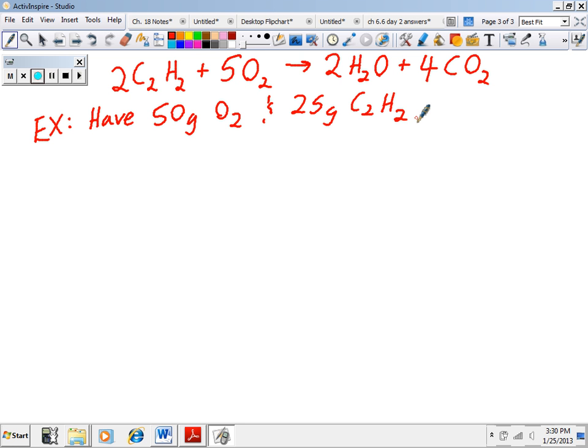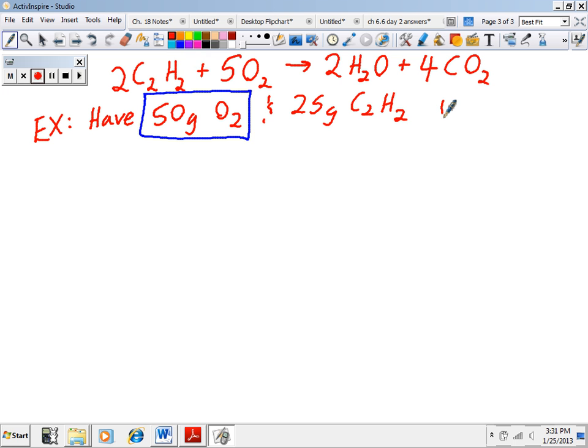The first step oftentimes is calculating which one of those is the limiting reactant. We already know that the O2 from last time is our limiting reactant. Okay, so we don't have to go ahead and calculate that this time. But know that you will, at some point, have to do the whole shooting match. All right?